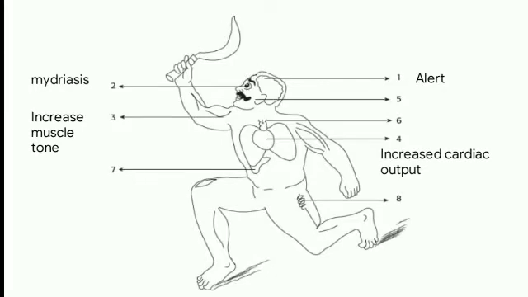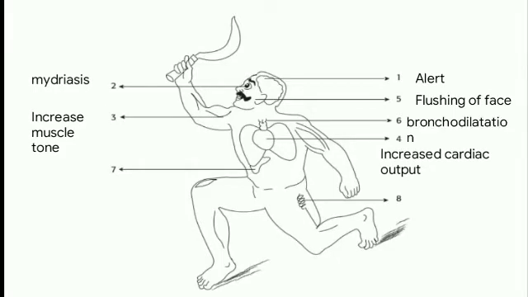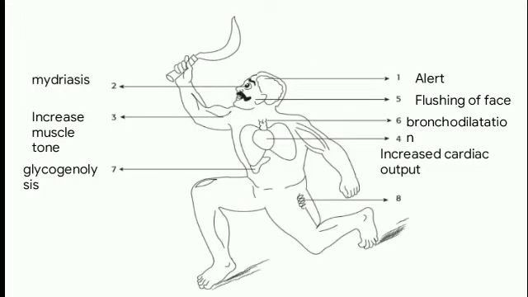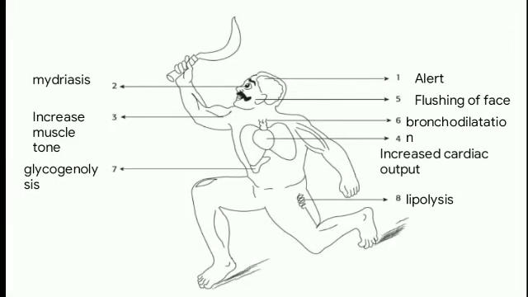The next action is on the face. There will be flushing of the face and bronchodilation takes place, and also in the liver there is glycogenolysis. The glycogen in the liver is converted into glucose, and next in the adipose tissue it causes lipolysis. Fat is converted into free fatty acids.